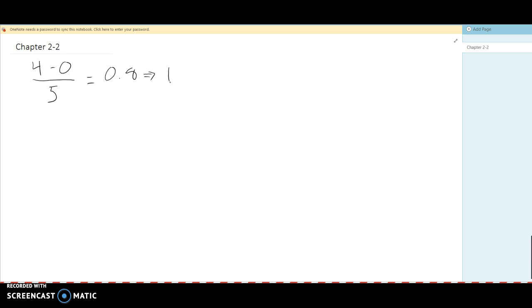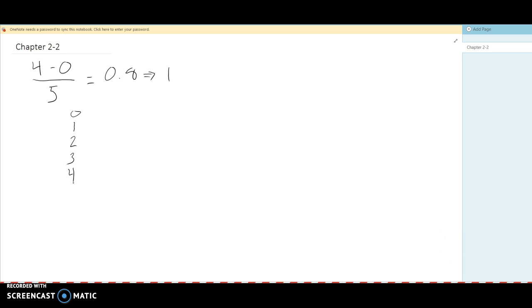So that means when we start our lower limits, we go from 0 to 1 to 2 to 3 and to 4. So that's the lower limits of our 5 classes. Now remember, to go up to the upper limits, we can either go up to something like 0.9, which I saw one student do, which is technically correct.